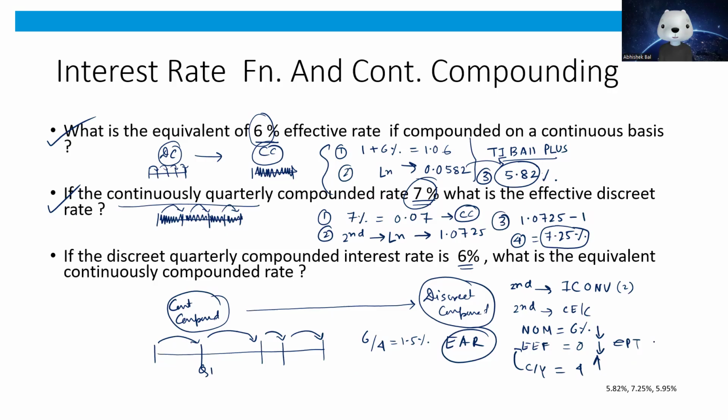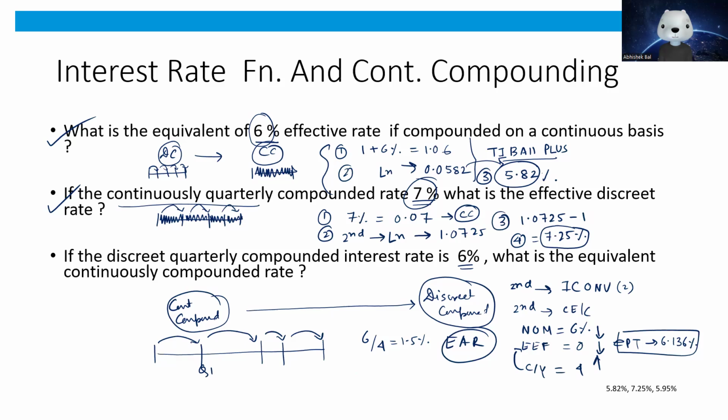And you're going to get a value of 6.136% to be precise. This is the effective annualized interest rate for a 6% discretely quarterly compounded interest rate.